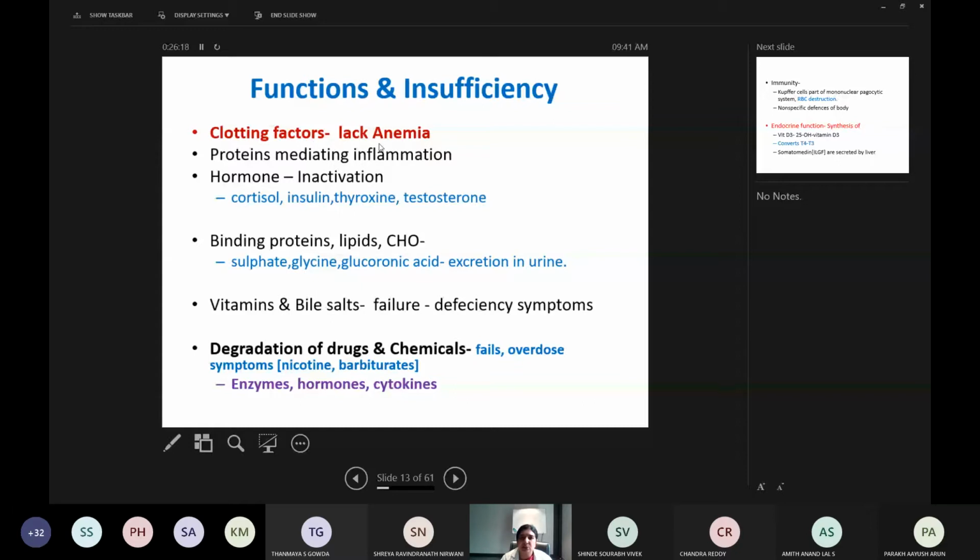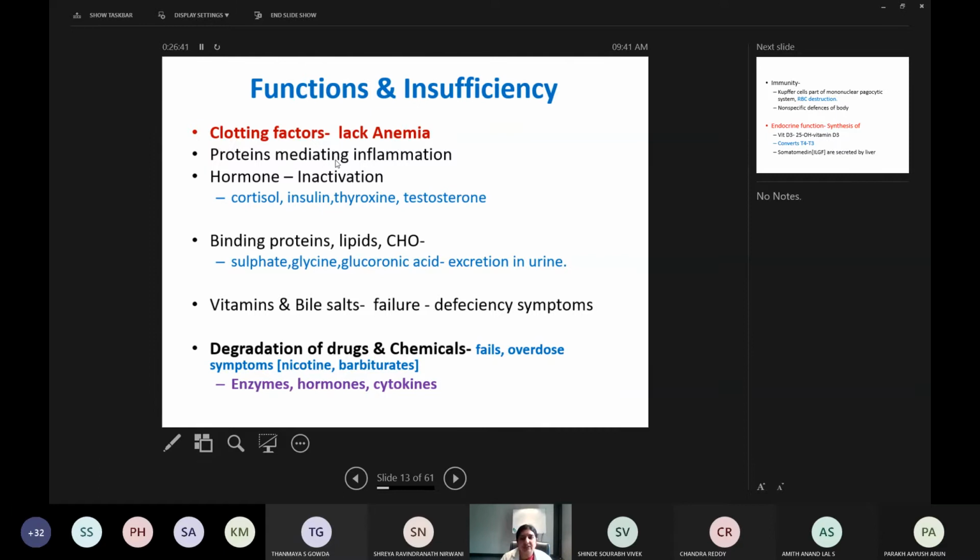That will result in anemia, right? So anemia may be one of the clinical symptoms or signs of a person suffering from liver disease. So you have to remember, anemia, one of the causes may be liver disorder, right?